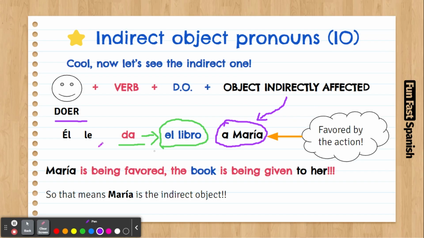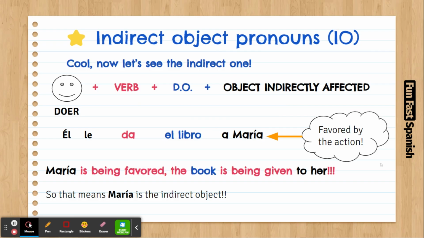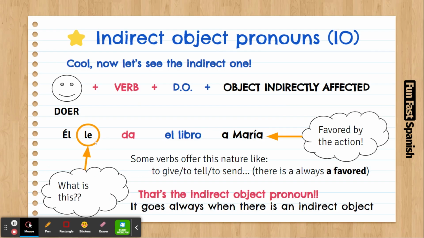That's it. Now let's talk about this weird le that we have here. You might be thinking, what is this? No worries. Now we're going to talk about this. This le actually is like the her or the him. Like I give him a book or I give her a book.